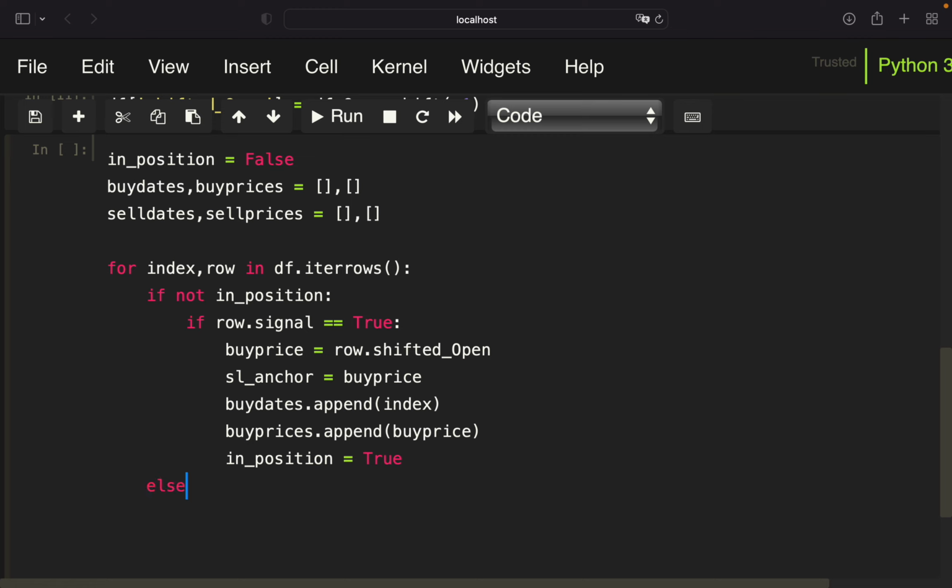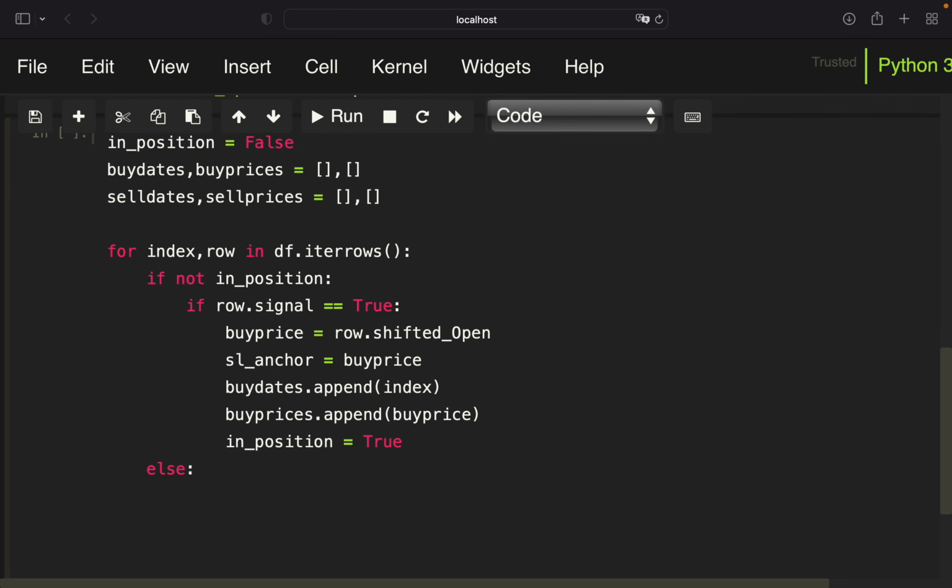If I am in a position, I want to check our selling logic. First thing we check is whether our trailing stop loss is up to date. So we check if the close is larger than my stop loss anchor.